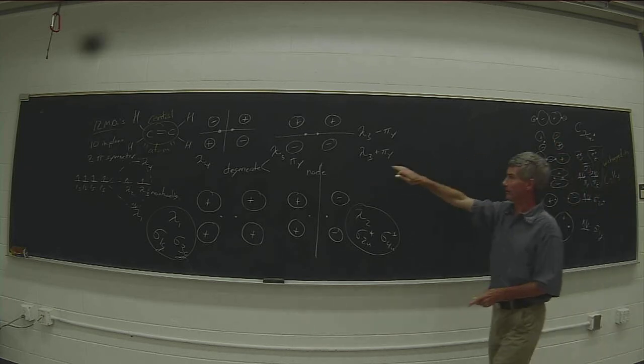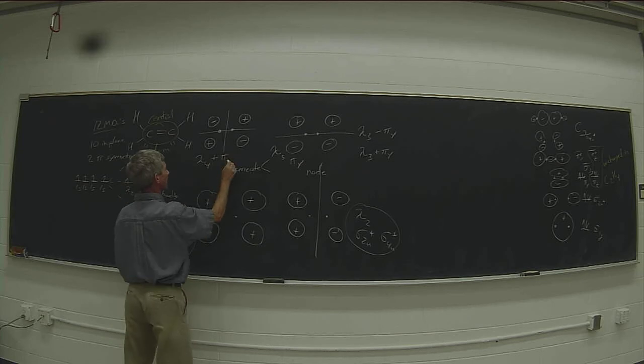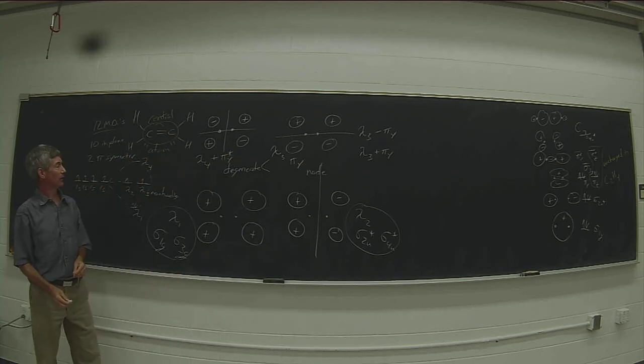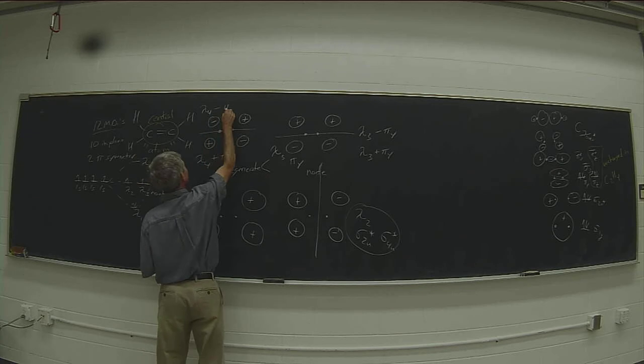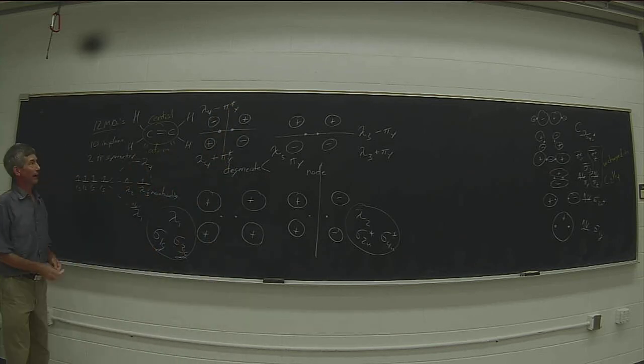So lambda 4 will interact constructively with pi star y, and lambda 4 will interact destructively with pi star y. And since there are only 2 possible combinations, that won't be particularly difficult to create either.